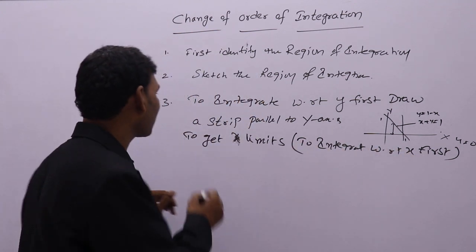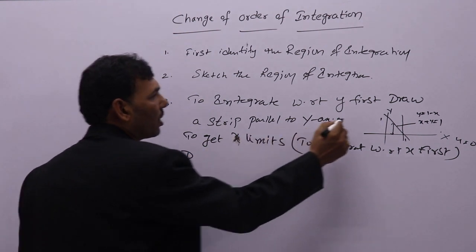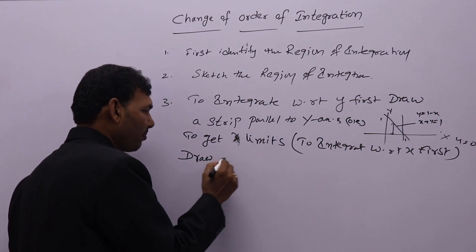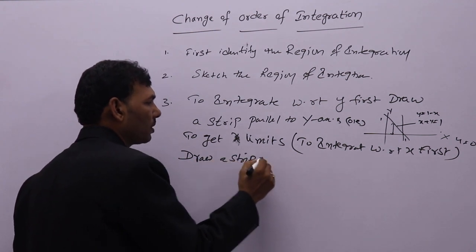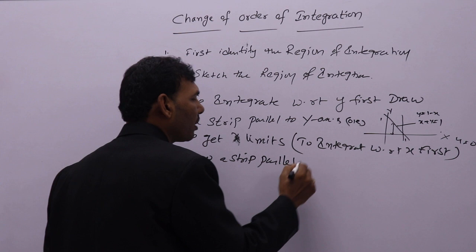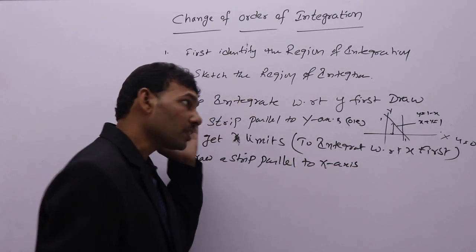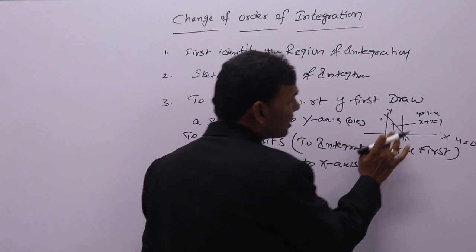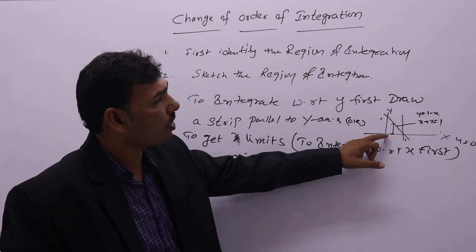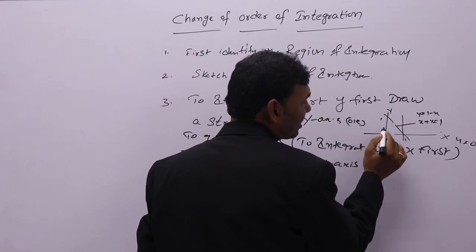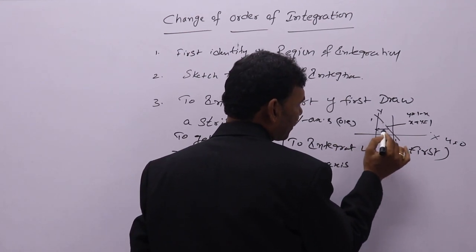In this case, this is the region R. Draw a strip parallel to the x-axis like this. The earlier strip gives the y limits in terms of x. If you need the x limits in terms of y, draw it like this.